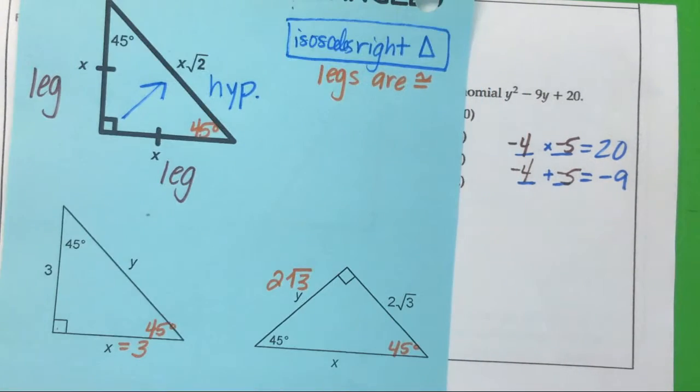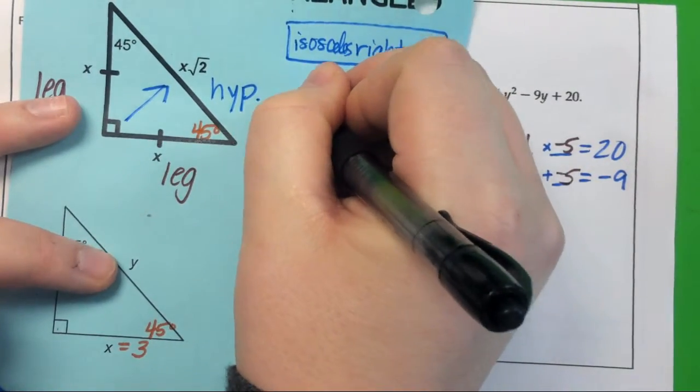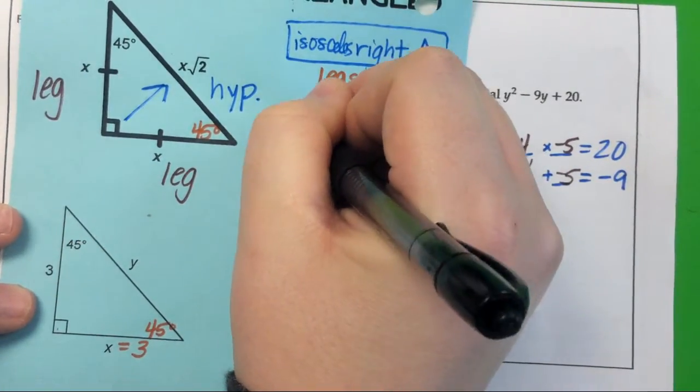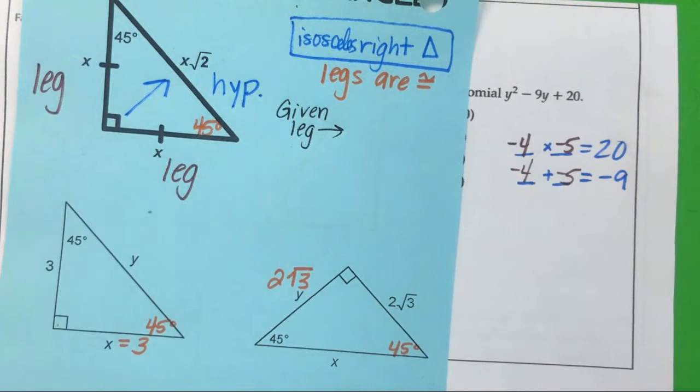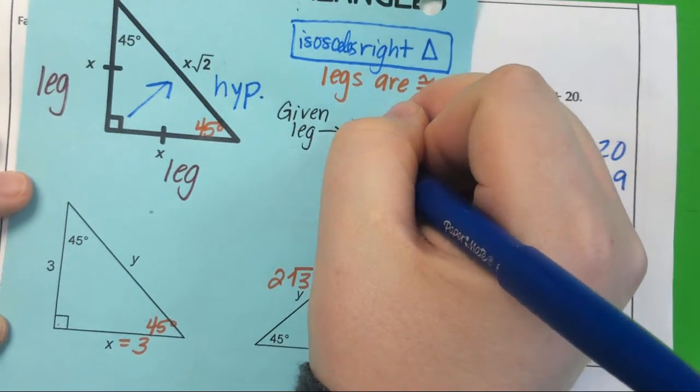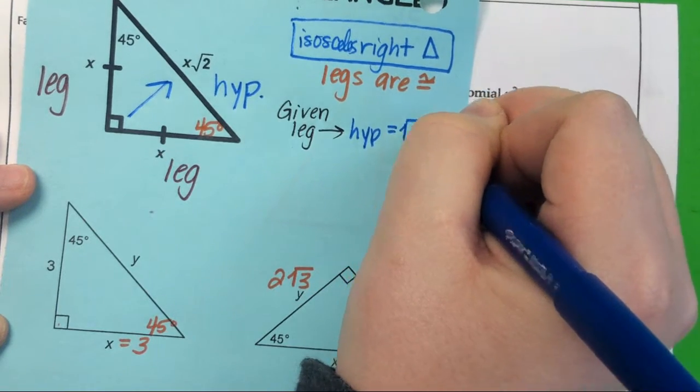Okay, so I'm going to write 2 different formulas. They're really one and the same, but it just depends on your perspective in life. So if you're given a leg, like we are in these top 2 examples, to figure out the hypotenuse, you'll do hypotenuse is equal to the square root of 2 times that leg.